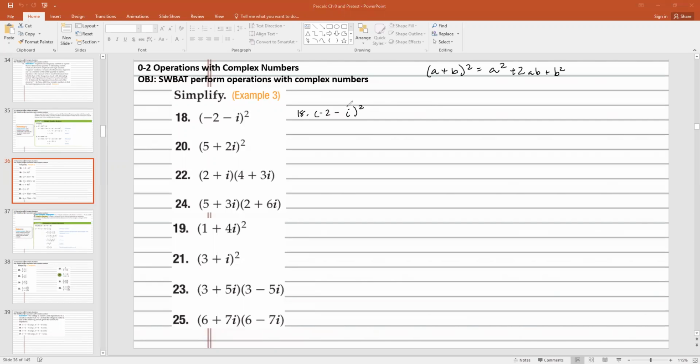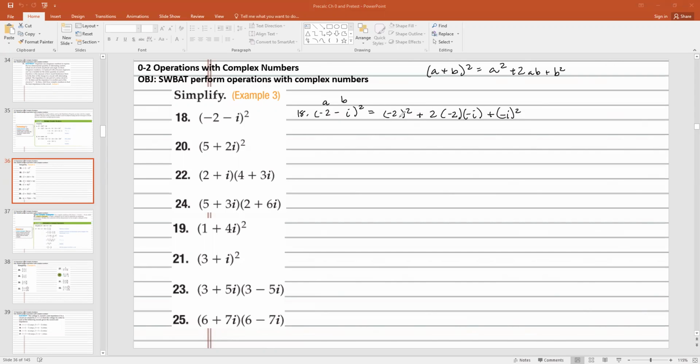All right, so it's the same thing. If you want to do it that way, you can do negative 2 squared. This is your a and this is your b. And then we have plus 2 times negative 2 times negative i, plus negative i squared.